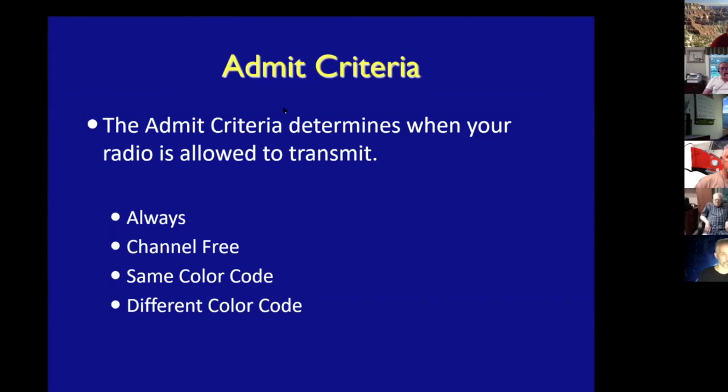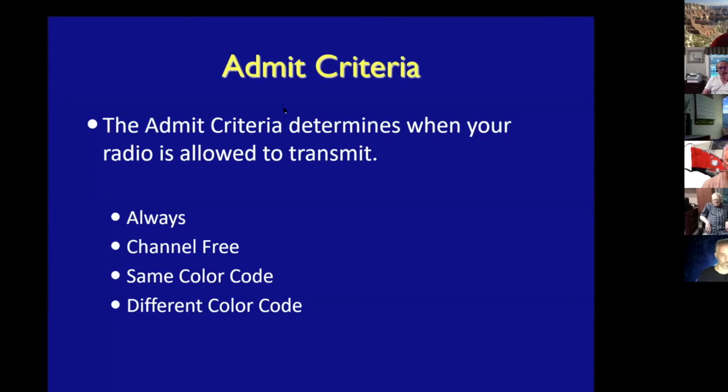Why would you want to use same color code or different color code? Because sometimes I have the Shapley repeater and the Portland repeater, and they both have, for example, the New England talk group on there. They have different color codes, so I'm not keying up both repeaters at the same time. Wouldn't make sense.